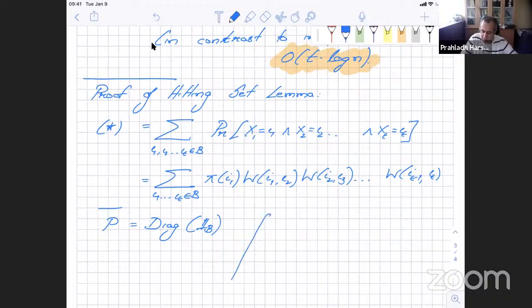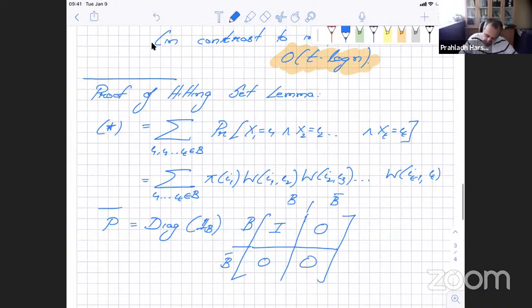If this is B and this is B complement, I'm splitting the matrix into 4 parts. This is B, B complement. This part is just identity. Here it's 0, 0, 0.